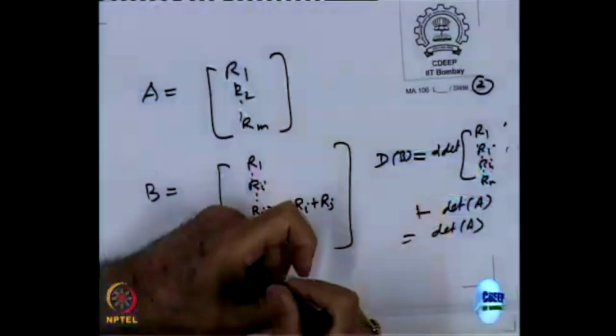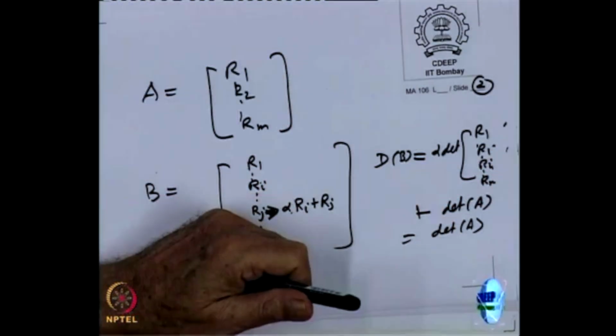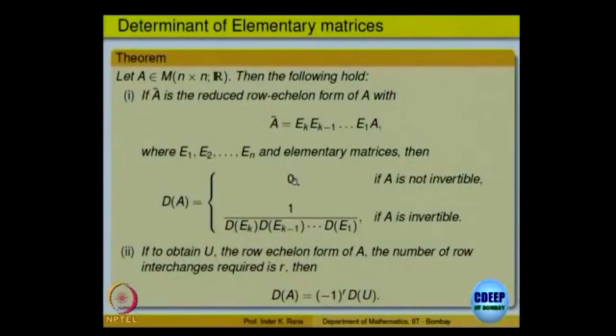It is a square matrix. One possibility: the reduced row echelon form of A will be the identity, in which case its determinant is 1, or there will be a row at the bottom which is 0. If that is the case, what is the determinant? That is 0. So two possibilities arise. If A is not invertible, then it is 0, right, and if it is invertible, this is 1, this is 1 over this.